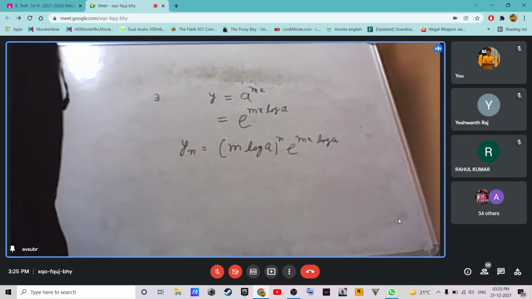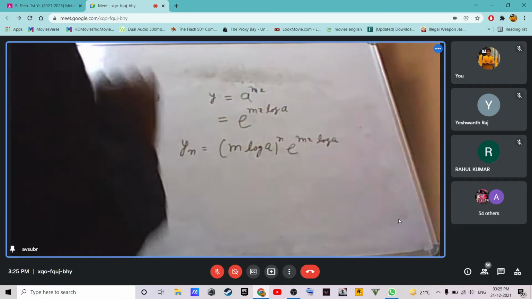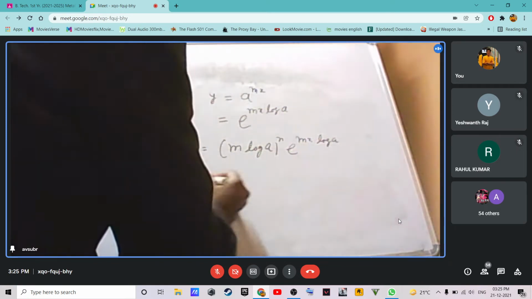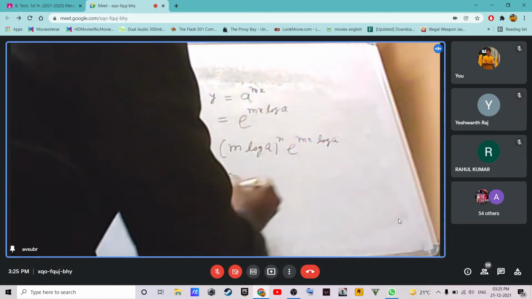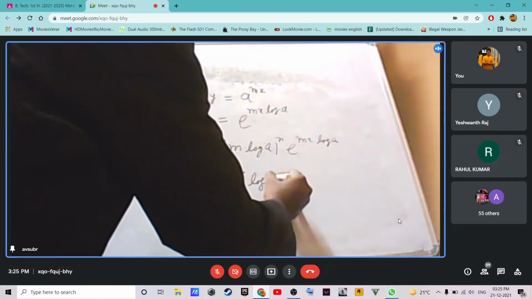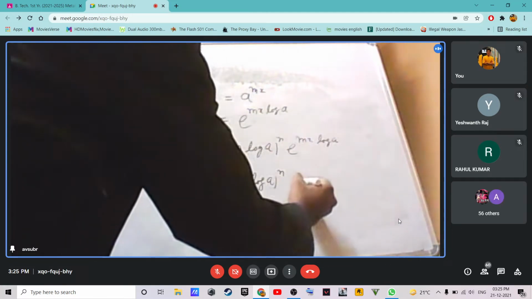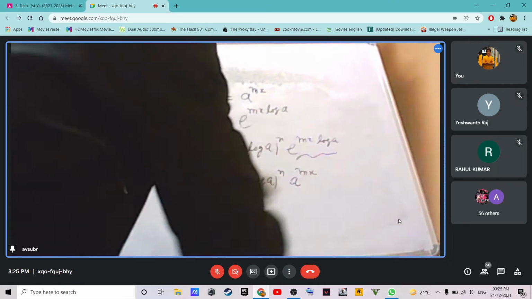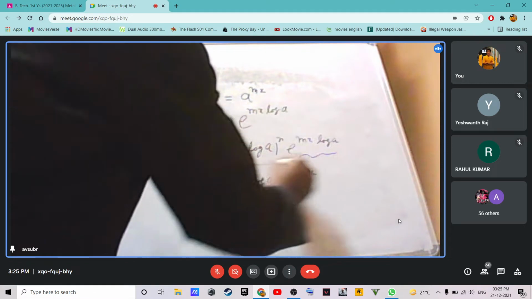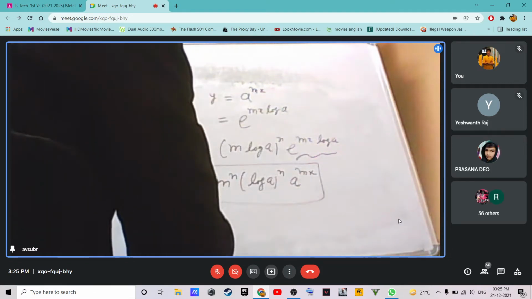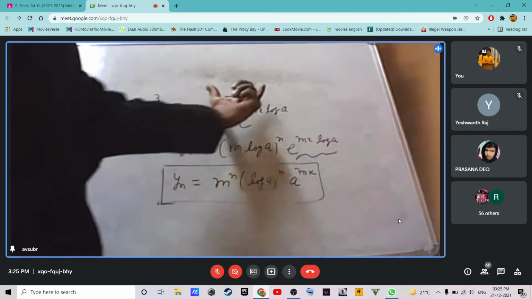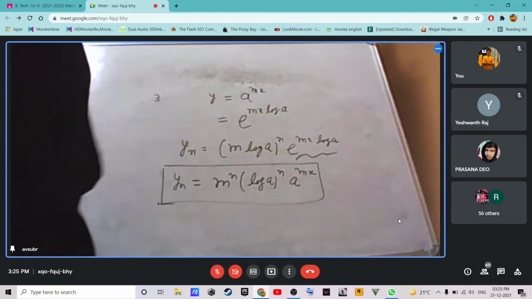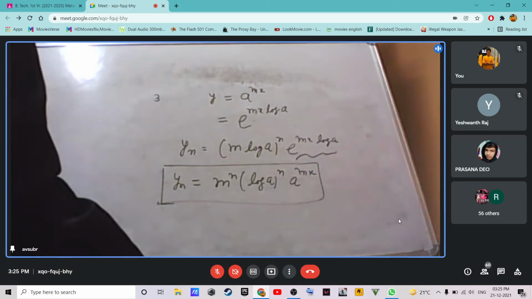From that we can write it like this, and also m to the power n, log a to the power n, and this once again is nothing but a to the power mx. So the nth derivative of this is equal to this.